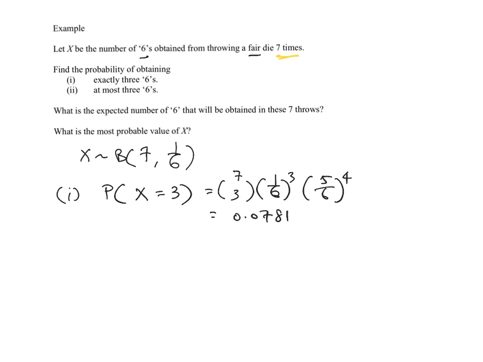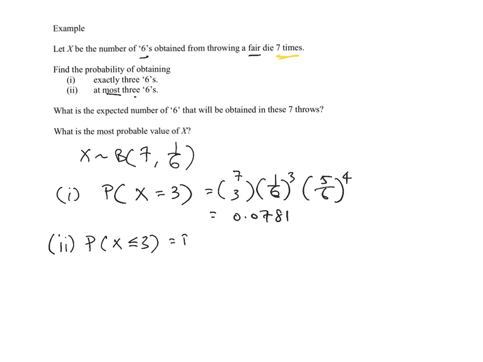Now in part 2, we are looking at the probability of at most 3 sixes. At most 3 means 3 or less.